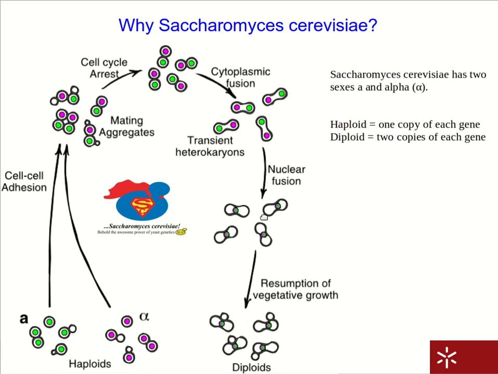And these diploids can then be sporulated again in order to regain the haploids. So this cycle can be used in order to classify the metabolic mutants that we have in our population.